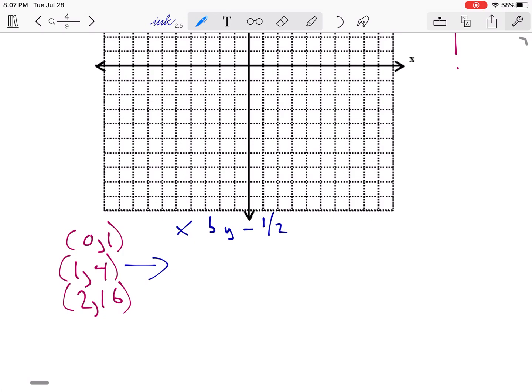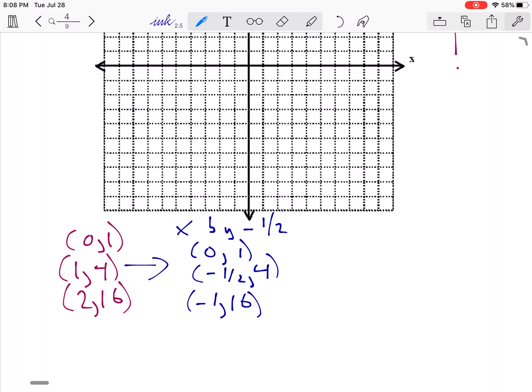Remember, it's the reciprocal. So for the first one it stays 0, 1. The second one is going to be -1/2, 4. And the third one is going to be -1, 16.